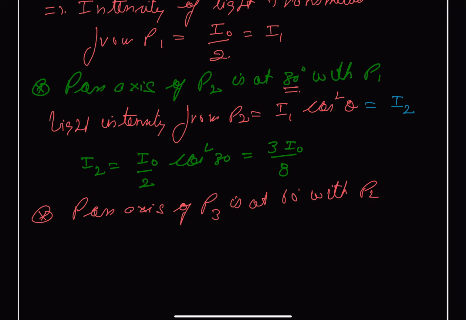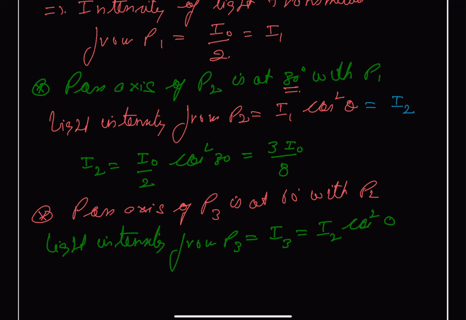Therefore, the light intensity transmitted from P3, let us call that I3, will be equal to I2 cos square phi.